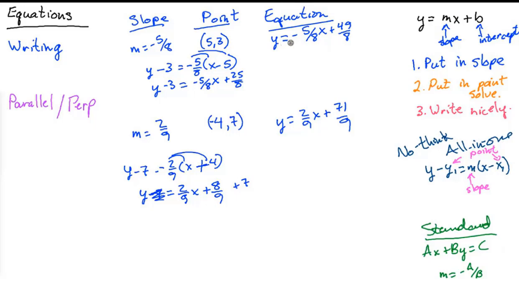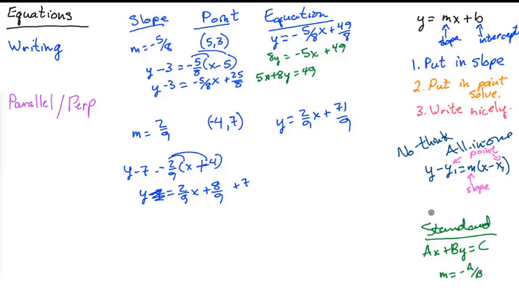If you want to turn this into standard form, you've got to multiply everything through by 8. Negative 5x plus 49. And that's the cool thing about standard form, there are no fractions. And then add 5x over here, and you get 5x plus 8y equals 49. And you'll notice, hey, look, negative 5/8 was indeed the slope.